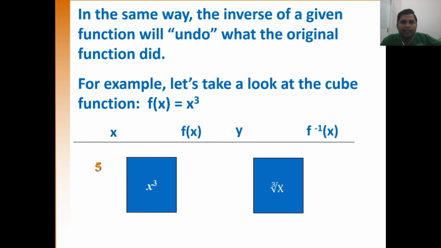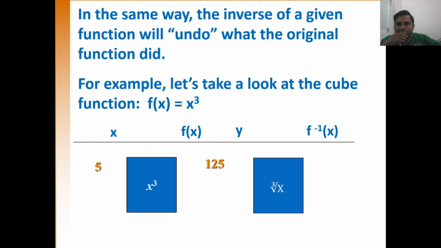For example, let's take a look at the cube. f(x) is equal to x cubed. If you put 5 into this function x cubed, it will give you 125 as the output. Now the inverse function is like this: if you put the 125 in the inverse function, which is the cube root of x, you'll get the 5 back.